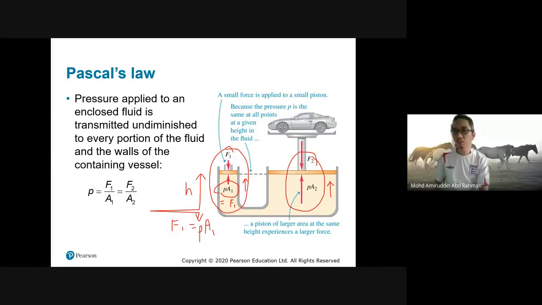So it is important to note that the pressure is similar everywhere when you have the same height. That's why when you are measuring the pressure, you only consider the height.